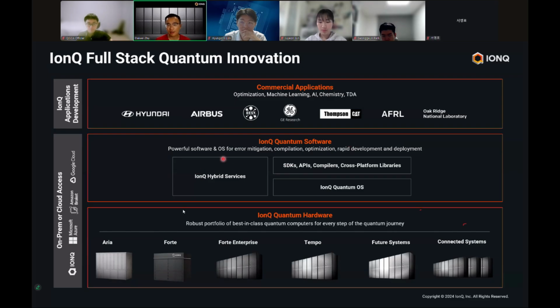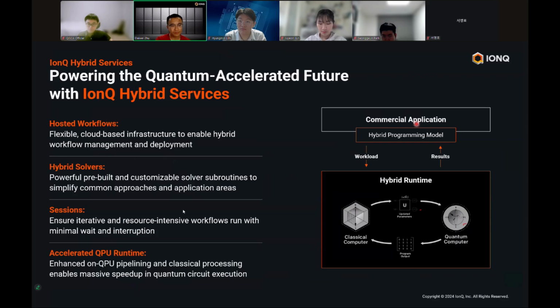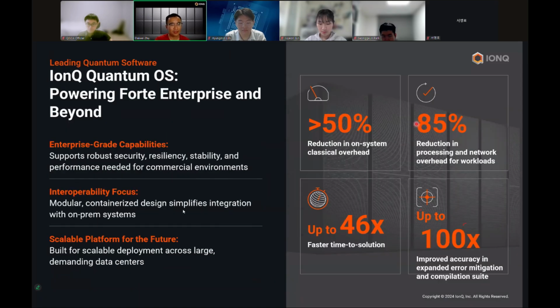So we also have software and a cloud stack to empower that. And at the top level, you also need to have the algorithm that you run. So yeah, IonQ has been collaborating with many companies developing quantum algorithms for different problems, right? And here is our hybrid platform.